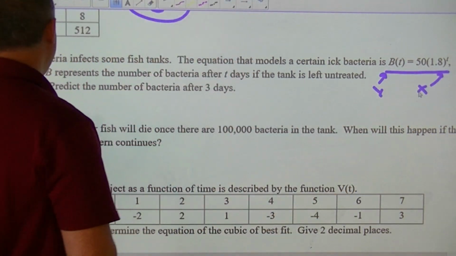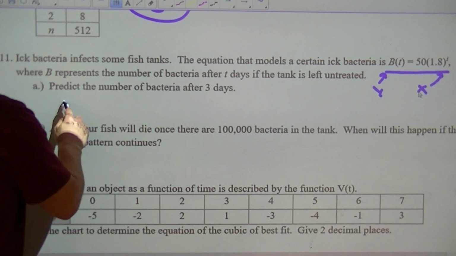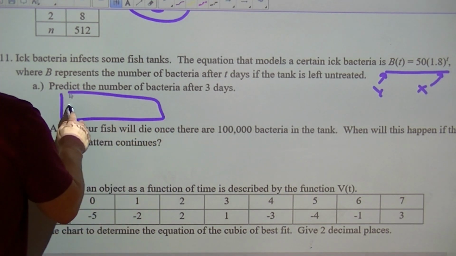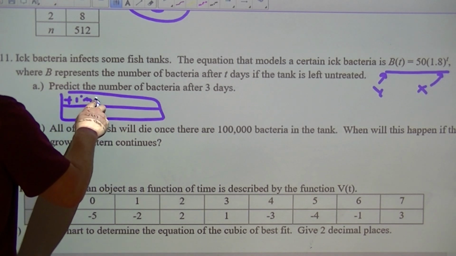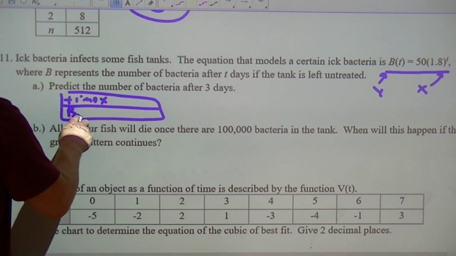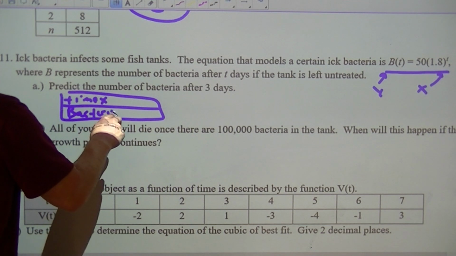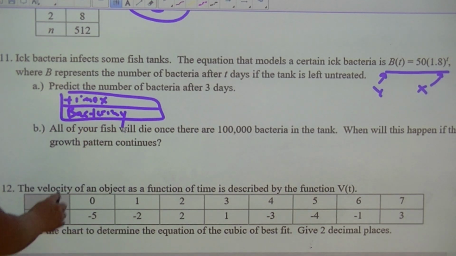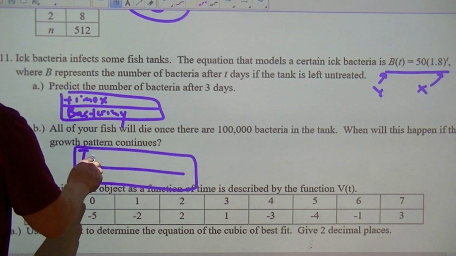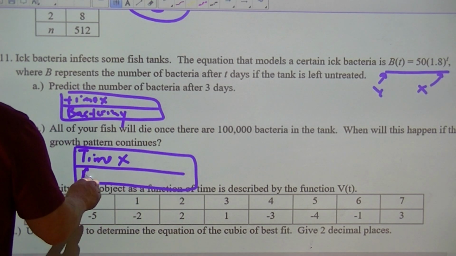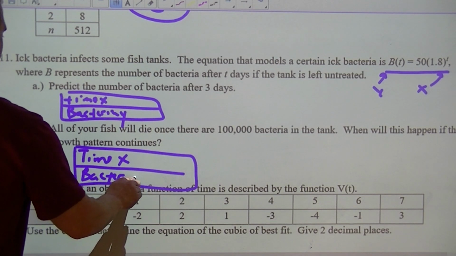So when I make my little chart, I'm going to go time x, bacteria y. And this will help me. Same thing here. Okay, time x, bacteria y.